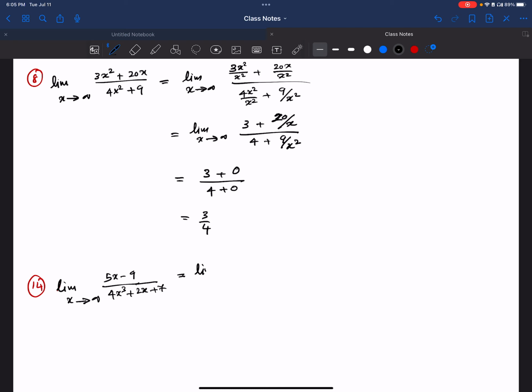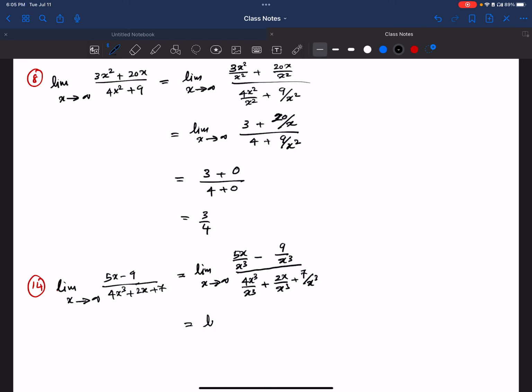So limit as x goes to infinity, 5x divided by x cubed minus 9 divided by x cubed, divided by, in the denominator, 4x cubed divided by x cubed plus 2x divided by x cubed plus 7 divided by x cubed.